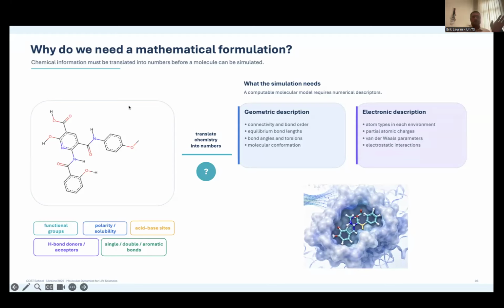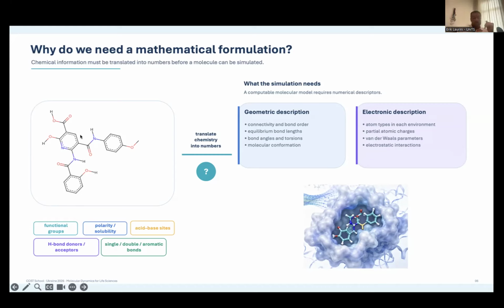Just to give you an example, if you see this molecule, this is a completely random molecule created from scratch. Even with very basic knowledge about organic chemistry, you are able to say a lot of things about this structure. For example, you are absolutely able to describe how many carbon atoms this structure has, how many oxygen atoms, hydrogen atoms, or nitrogen atoms in this structure.